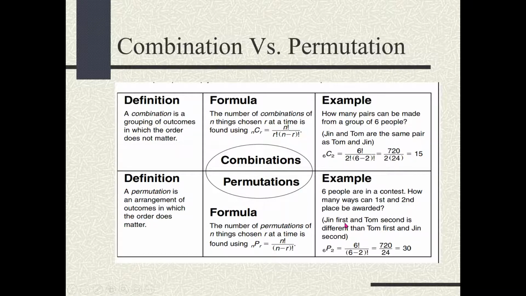So Jin first and Tom second is different from Tom first and Jin second, and therefore order matters, and we will apply the permutation formula. So this is how you can have a mental picture of when to apply permutation and when to apply combination.